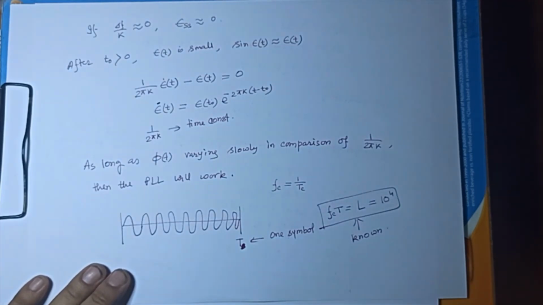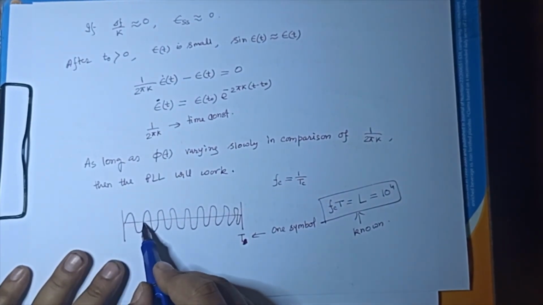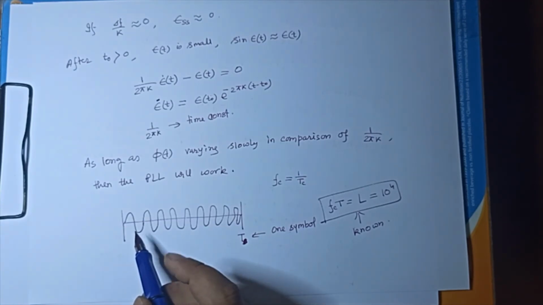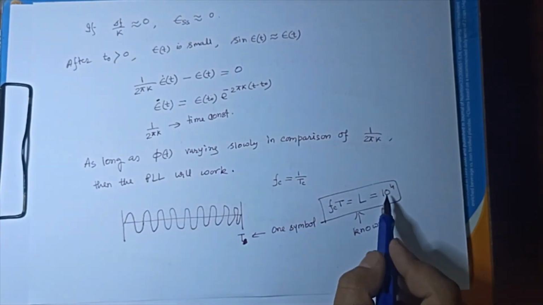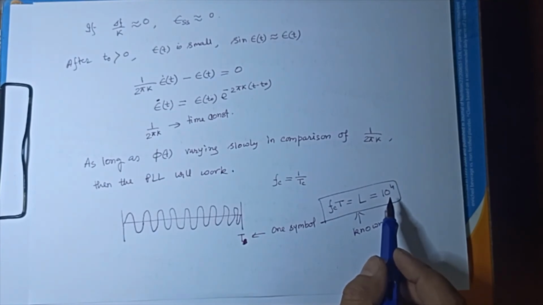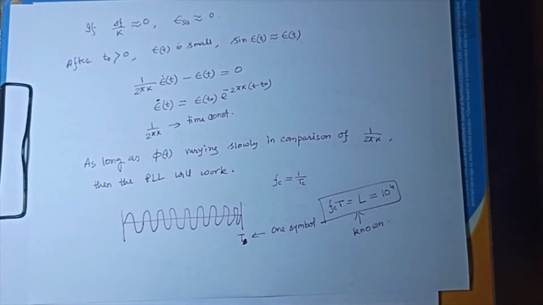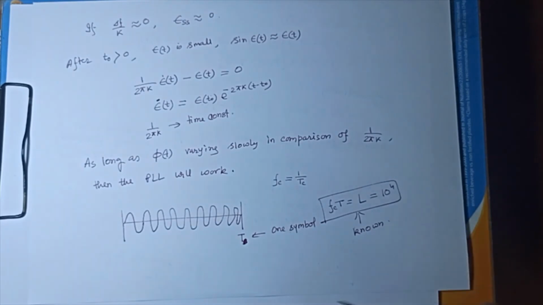So you have to have a counter over there. Your signal which is coming has some 0 crossings, and at every 0 crossing you start some Schmitt trigger, something such that it can give you a clock. And on that clock you run some counter; if you are counting 0 crossings, you have to basically go for 2 into 10 to the power 4. So the counter will count for 2 into 10 to the power 4, and after that you know that is the sampling time.